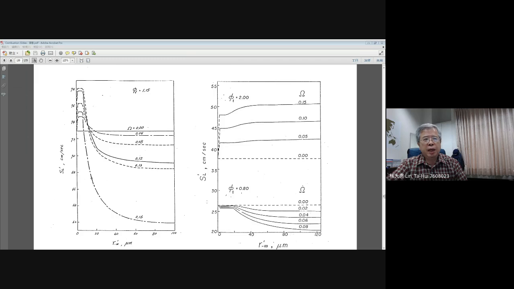So for lean sprays, if you have a larger droplet size or larger liquid loading, then the burning velocity will decrease, because large droplet size will prevent fast gasification to provide a large amount of gaseous fuel.